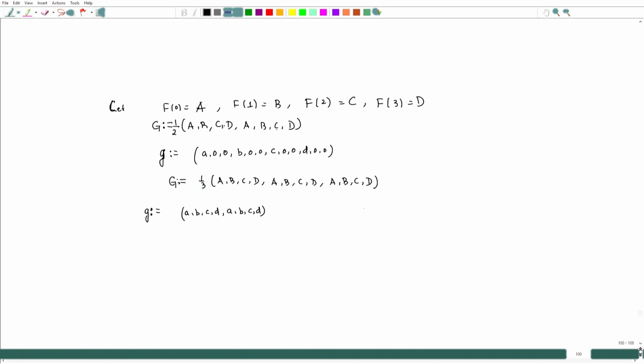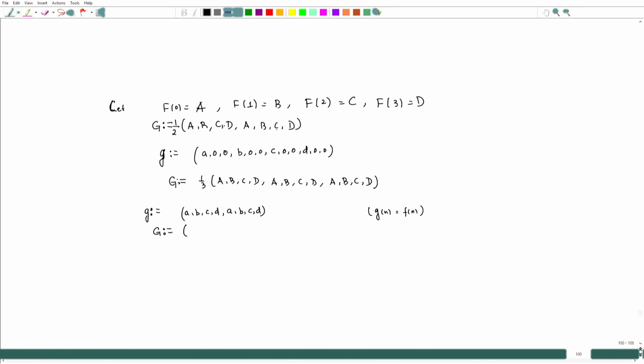This is what corresponds to g of n equal to f of n. Now, by what we have derived in the theorem, let us write down g hat. g hat of k is f hat of k by m if k is of the form plus or minus m, and otherwise it is 0.